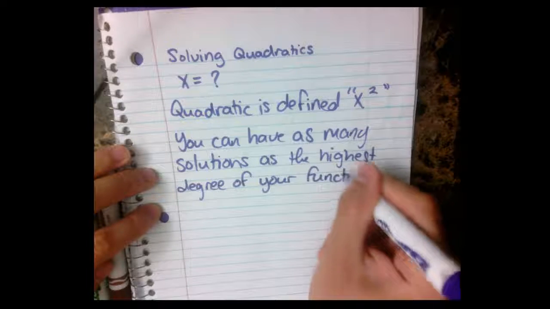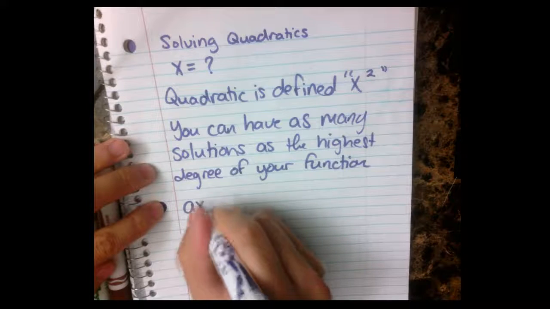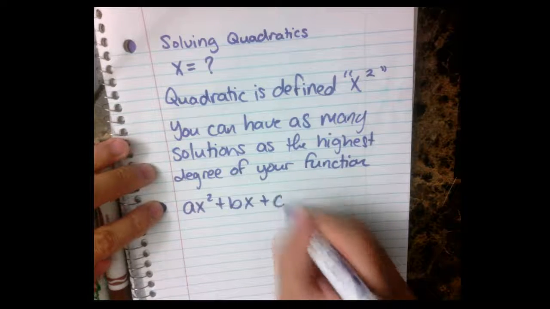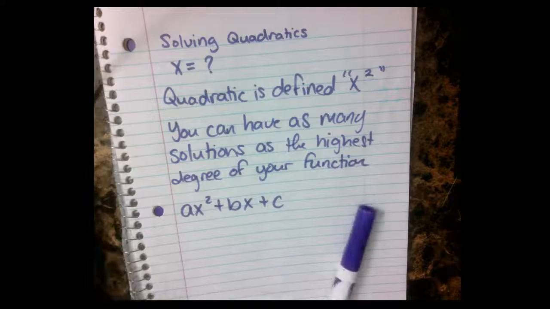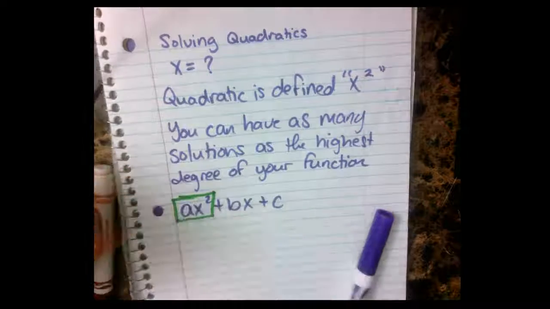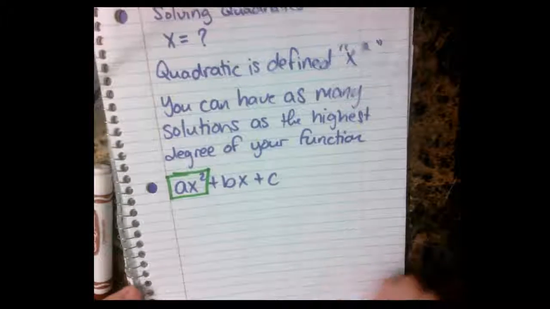So for a given parabola, what you have is ax squared plus bx plus c. And the thing that I want to highlight here is that x squared. Because we have our highest degree of 2, you can have as many as 2 real solutions.